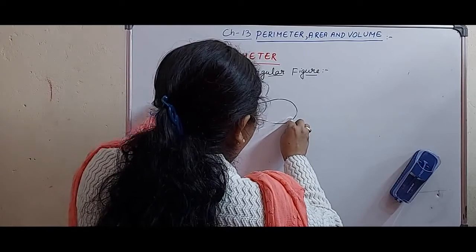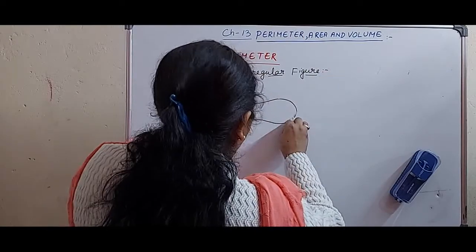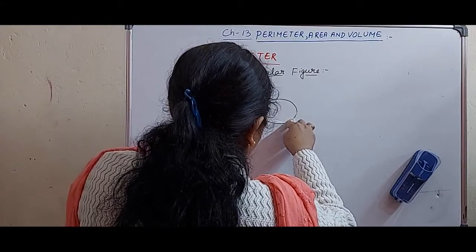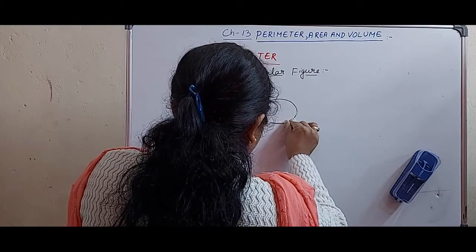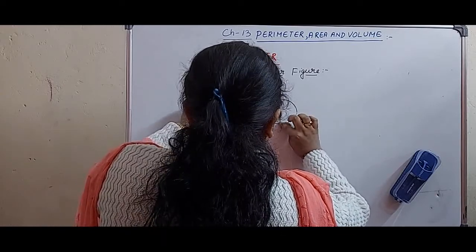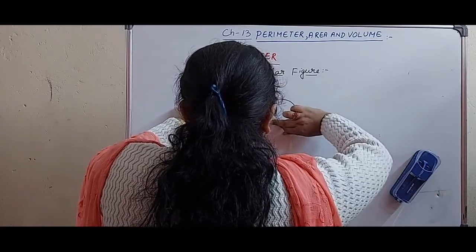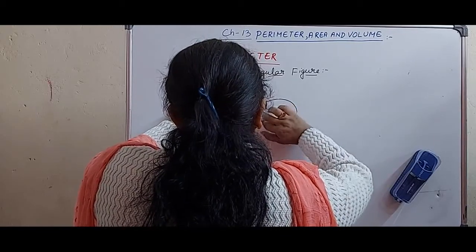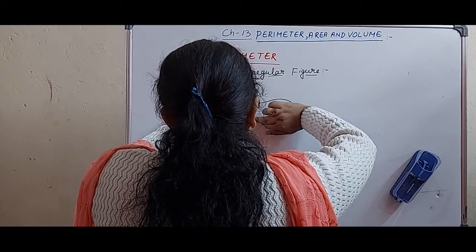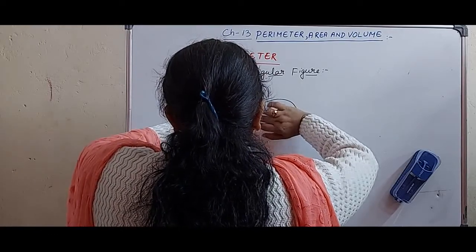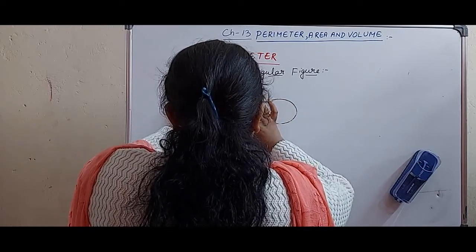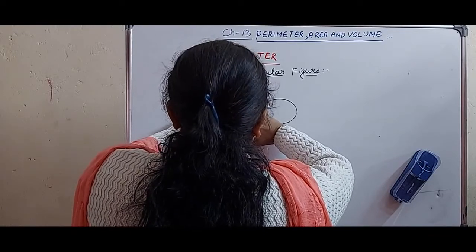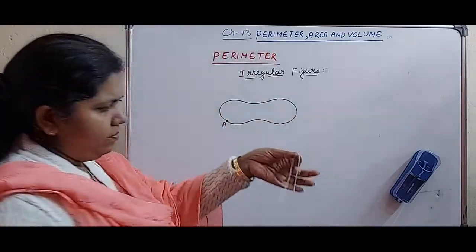Already this part of the thread is measured, so I keep it on this side. Now I will continue with this part. From the beginning only this much part is left.